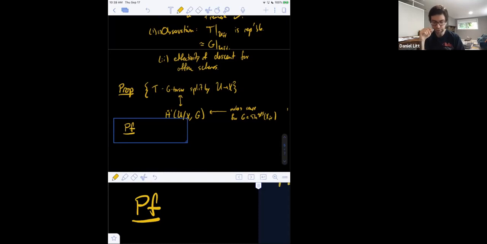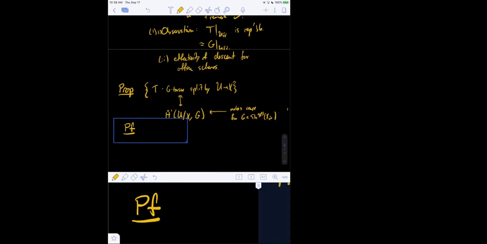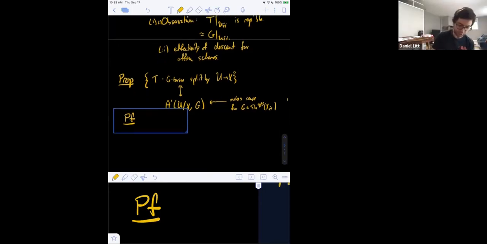Cool. So can anyone give me the idea of the proof of this? Are we going to use the isomorphism we got from T to G when we go over U to construct a cocycle? Yeah, that's right.